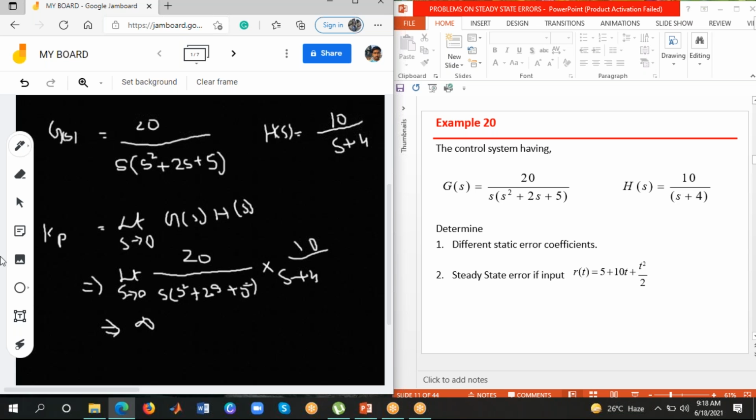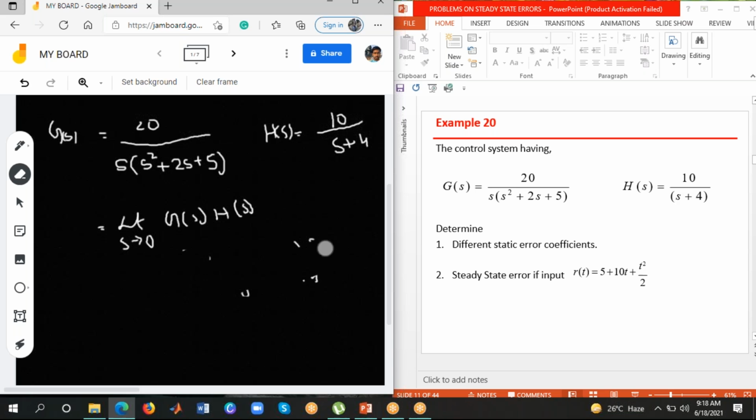We can find the second value, that is the Kv value. The formula for Kv is limit s tends to 0, s into g of s h of s.